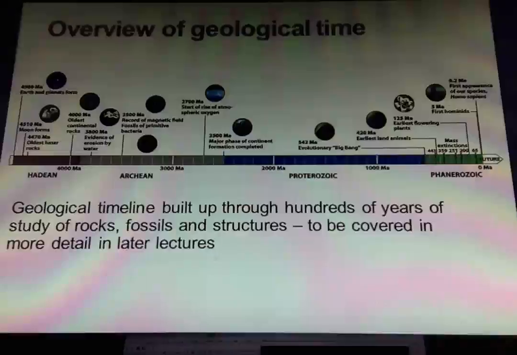This has been continually done for the past couple of hundred years. And as I said, the more we study rocks, and the more time, effort and technology put into this study, the more information we gain and the more accurate our results will be.